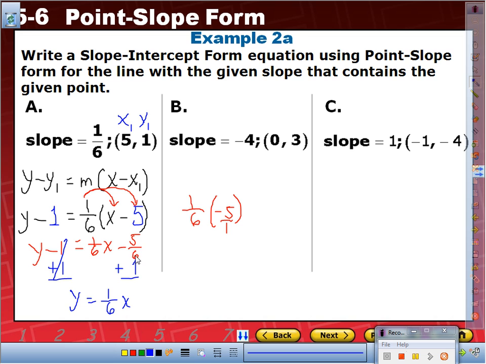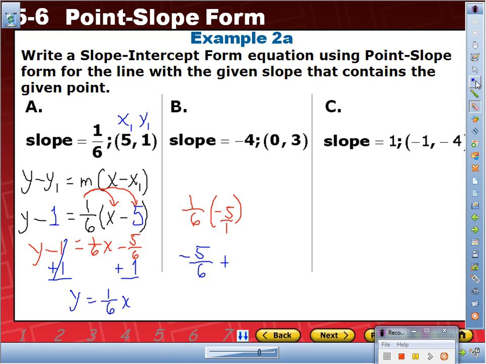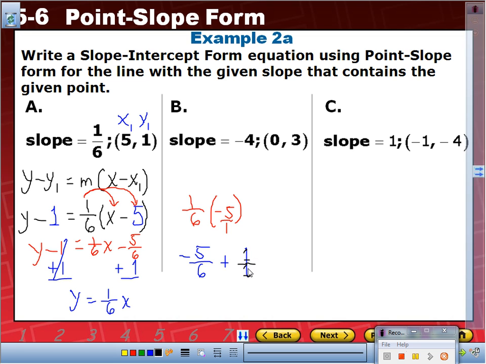However, I have a dilemma right here. Notice this. I have negative 5 6s plus 1. So, check this out. How can I make this into a fraction? Over 1. Are we there so far?